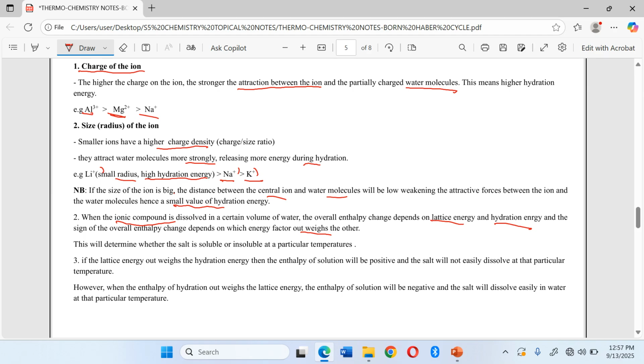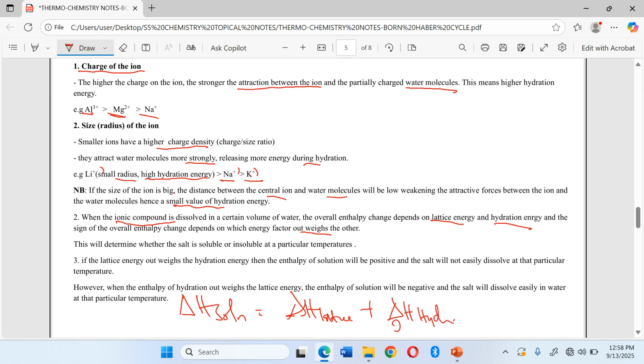So if we have lattice plus hydration, and lattice outweighs the hydration, then the overall sign will be that of lattice. If hydration is higher than lattice, the overall sign for enthalpy of solution will be that of hydration, because enthalpy of solution is equal to the one for lattice plus the one for hydration.